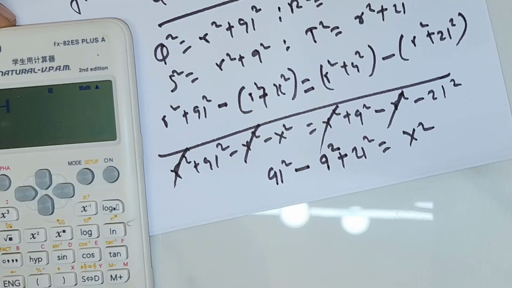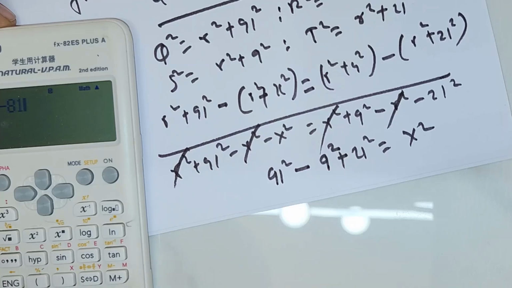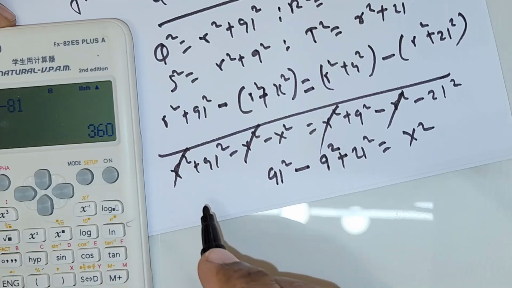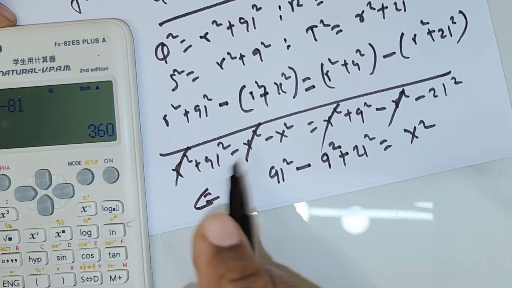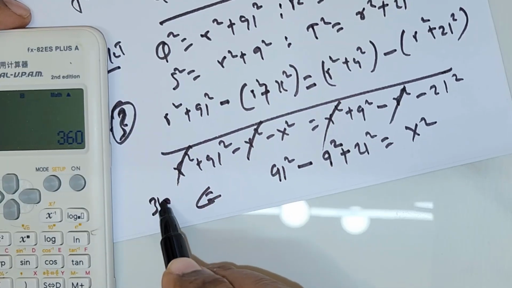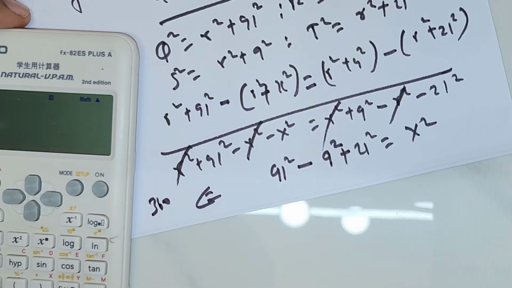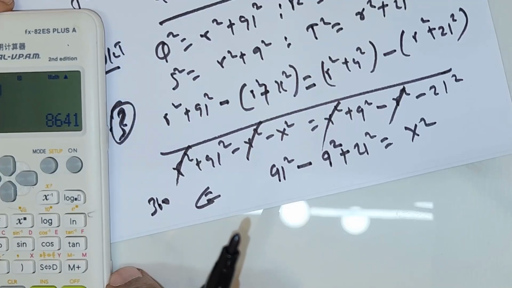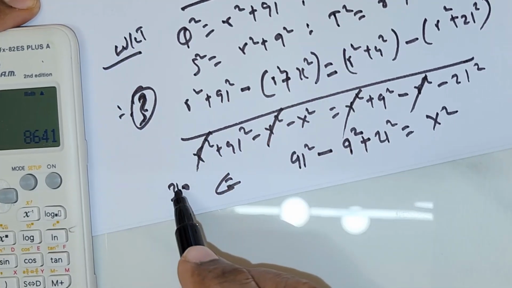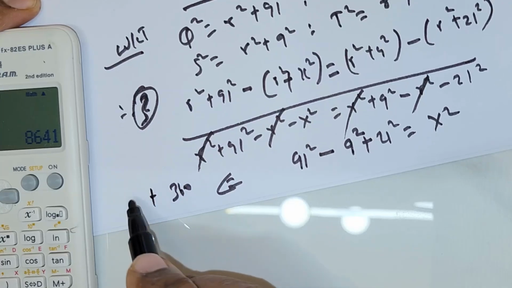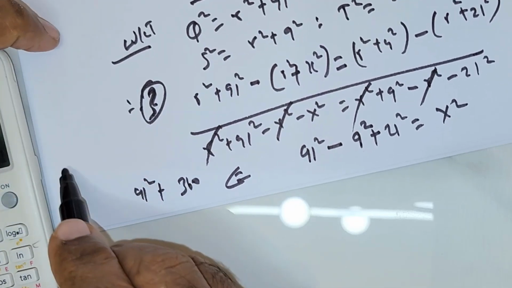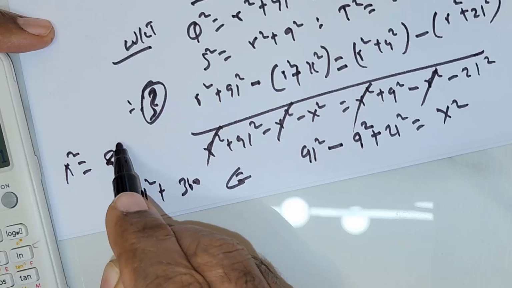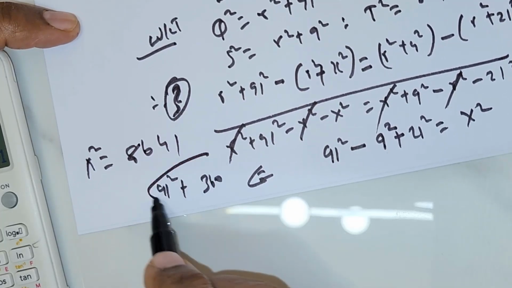So 441, I take away 81 from that, 360. So this is going to be 360 added to 91 squared, which gives 8641. So x squared is equal to 8641.